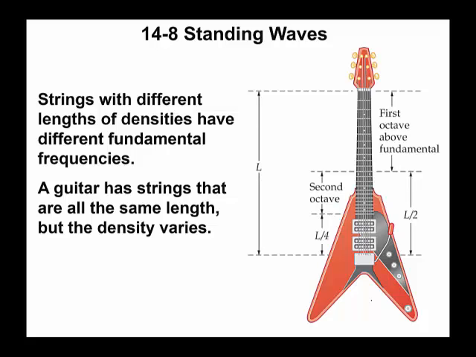Okay, stringed instruments are just what we've been looking at as far as harmonics. So in a guitar, each one of the strings has the same length, but they vary in their density, which means that the frequencies are different.